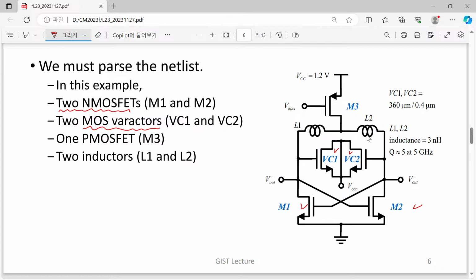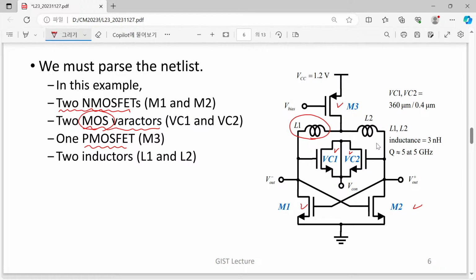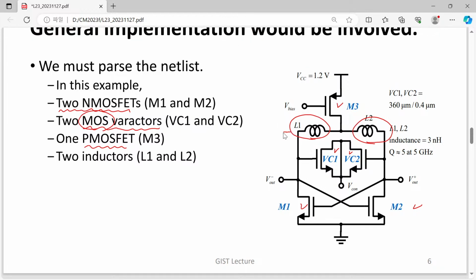A varactor is nothing but a variable capacitor, realized by a MOS system. You can think of it as just a MOSFET whose source and drain are tied. So they are just a variation of MOSFET once again. Here you also have another type, a P MOSFET, and lumped elements like inductors are given here. However, in a real case, even these inductors are decomposed into their internal resistance, capacitance, and inductance.